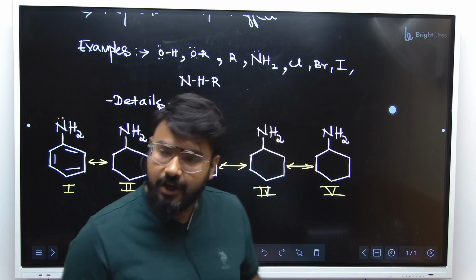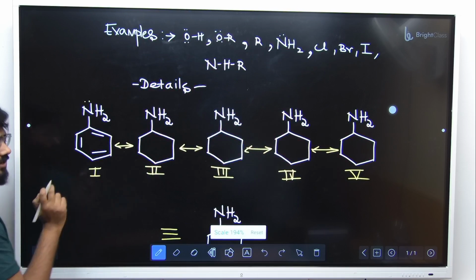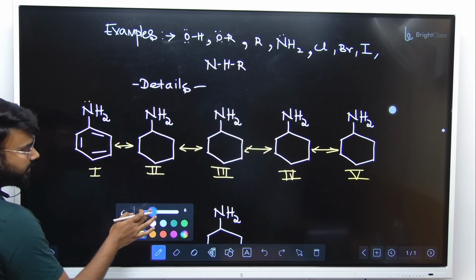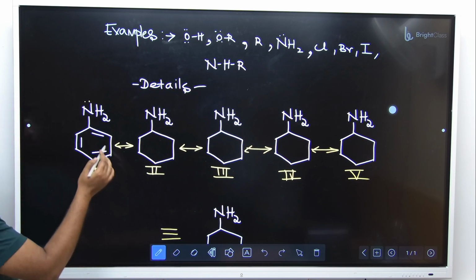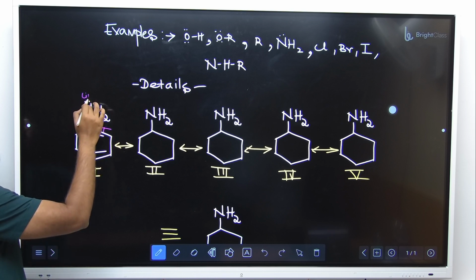Good. So now understand, if you see the first resonating structure, what you can observe here, what is happening, guys? There is a conjugation. I have told you pi, sigma, lone pair.